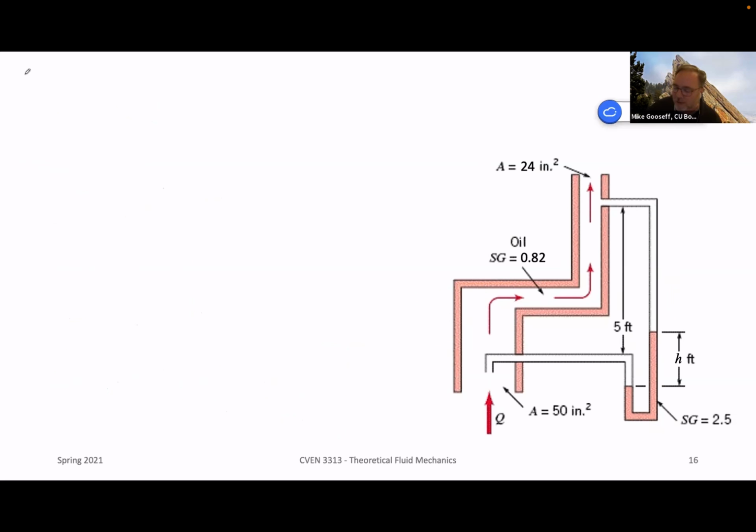So we have P1 minus P2 over gamma oil is equal to 5 feet minus h. So that was from L2 minus L1, and then plus h times gamma m over gamma oil.